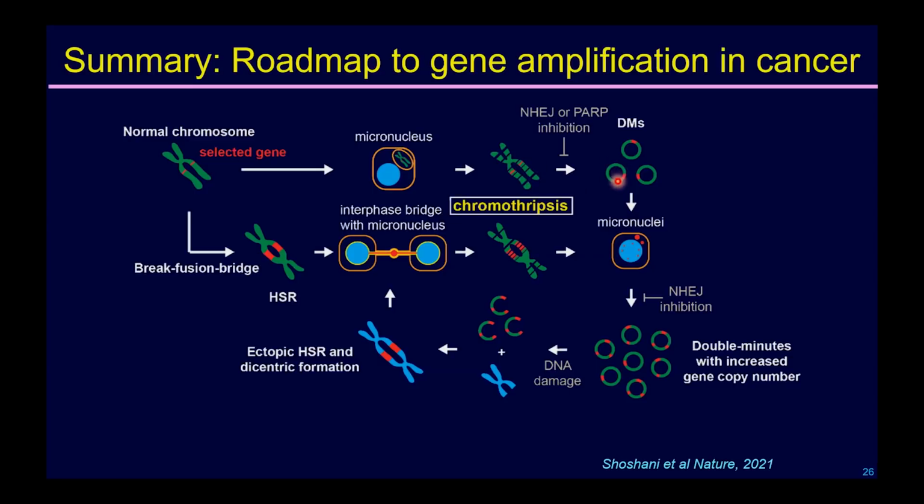A proportion of those will go into double minutes or ecDNAs, and indeed you will drive this cycle of evolution of those ecDNAs as they acquire additional copies of the resistance gene, and they amplify the number of ecDNAs in the most resistant cells.